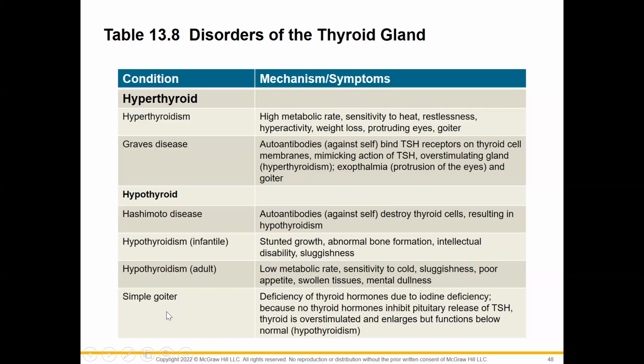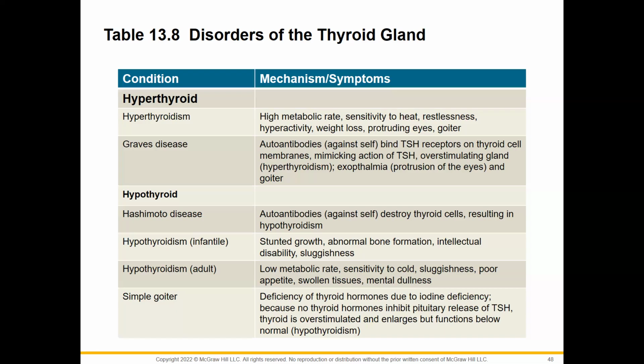Simple goiter. So, a simple goiter is a deficiency of thyroid hormone due to a deficiency of iodine. If you ever noticed the salt that is in your kitchen, especially if you just get standard salt, when you look at the package, it'll say that iodine has been added, or this is iodized salt.